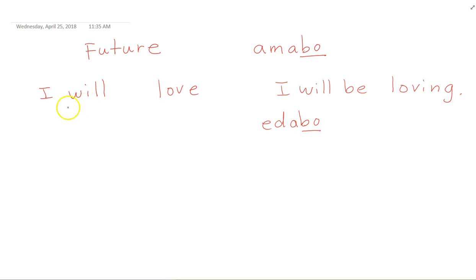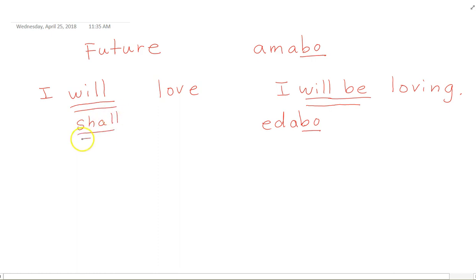All future tenses need a helping verb. There's our helping verb. Sometimes they need a couple, or will, or sometimes they could use shall. I shall love. I shall be loving.